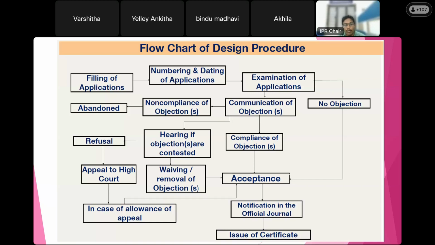If you want to register such a design, the CGPDTM will definitely give objections and communicate them to you. And if you do not comply with those objections, your application will be abandoned.